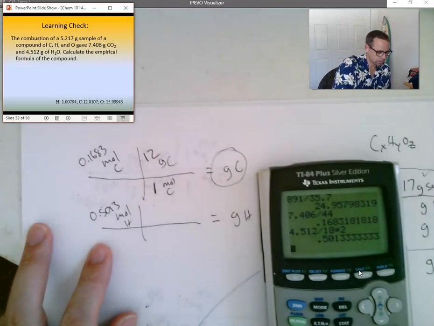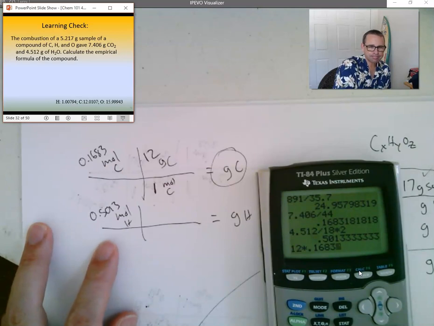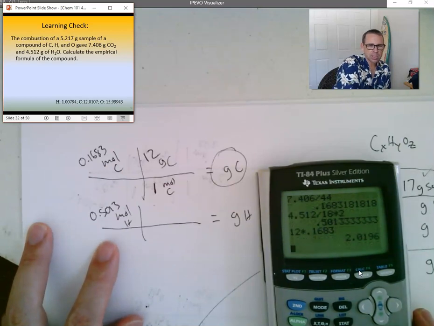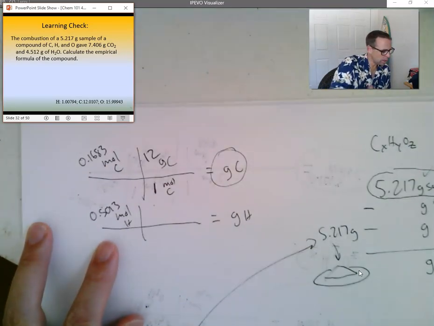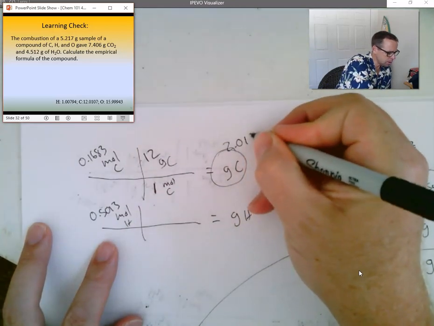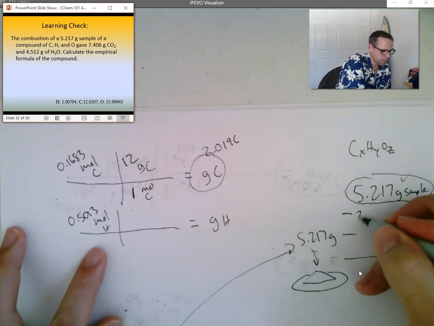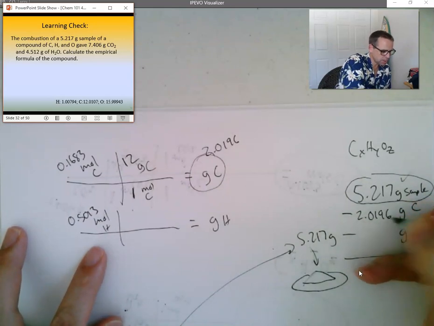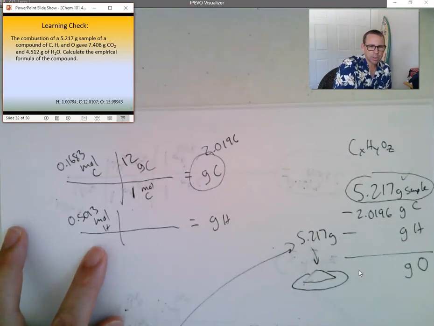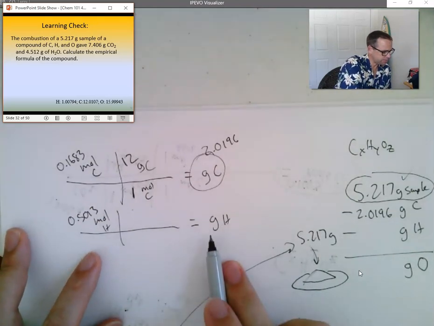So, calculator, 12 times 0.1683, right? So that's 2.0196, and that's grams of carbon. So I can put this value in here, 2.0196. Very good. How many grams of hydrogen?